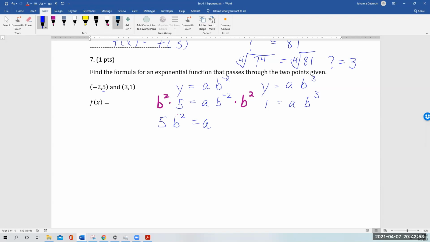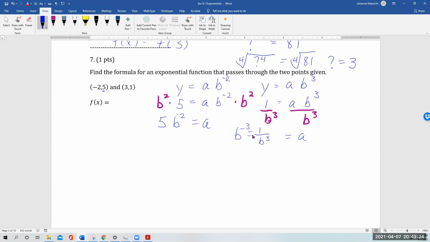For the right side, I'm going to make the choice to divide by b cubed. If I divide both sides by b cubed, I can then write this as a equal 1 over b cubed. Remember that 1 over b cubed can also be written as b to the -3 power, since a negative exponent means that it would have been in the denominator with a positive exponent.